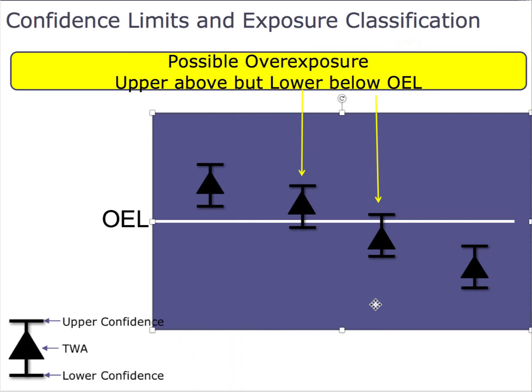But when we put our confidence limits or our confidence intervals on our time-weighted average, we would find that our upper confidence limit is actually above 1, above our OEL, and therefore the workers may be overexposed. And I believe when we do the math, this will make a little bit more sense to you.